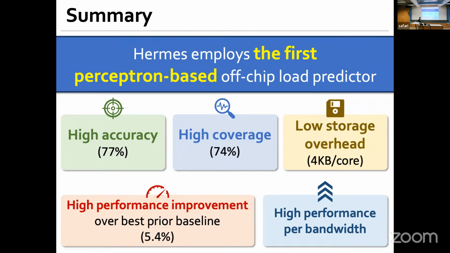We are in talks with some product development teams who are interested in implementing a Hermes-like solution in their actual product. But we believe that if we want to push it for a product, then we have to still push this accuracy, because every inaccurate decision means that we are going to exercise the DRAM, and that DRAM transfer is way more power consuming.